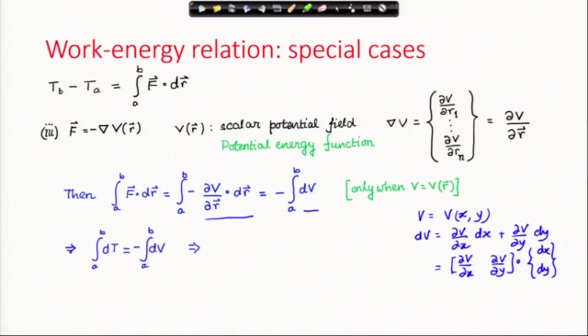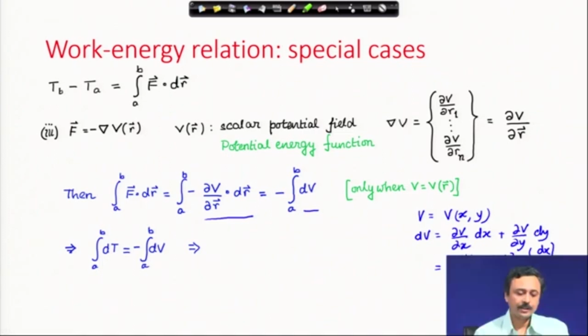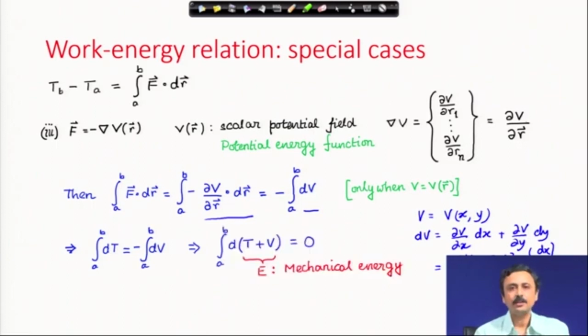Therefore, the infinitesimal change of kinetic energy dT integrated from A to B must be equal to minus the integral of dV. Now, I can bring this integral on the right hand side to the left hand side and write the combined integral as d of T plus V, and this T plus V, kinetic energy plus potential energy, is known as the total mechanical energy of the system.